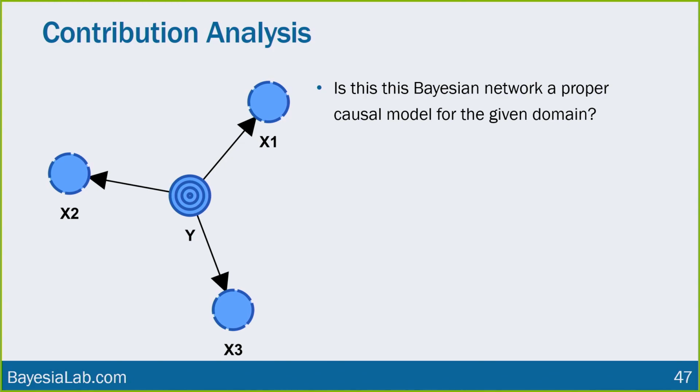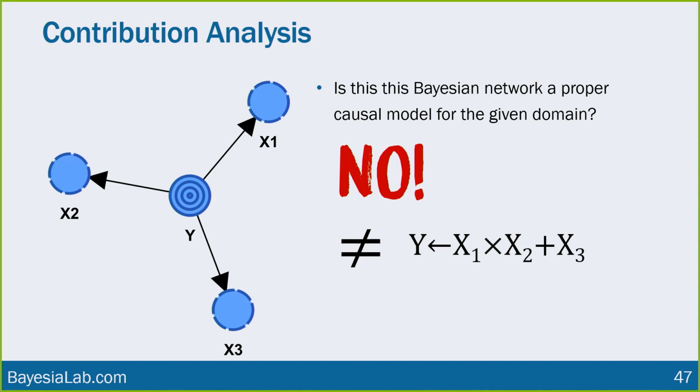But that is not indicated here with the arcs as we see them. So no, that is not a correct causal model. That is not in sync with what we believe is the case from our data generating process.